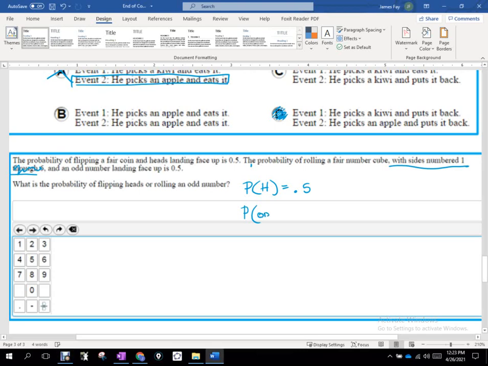All right, so odd number equals 0.5. Okay. What is the probability of flipping heads or rolling an odd number?